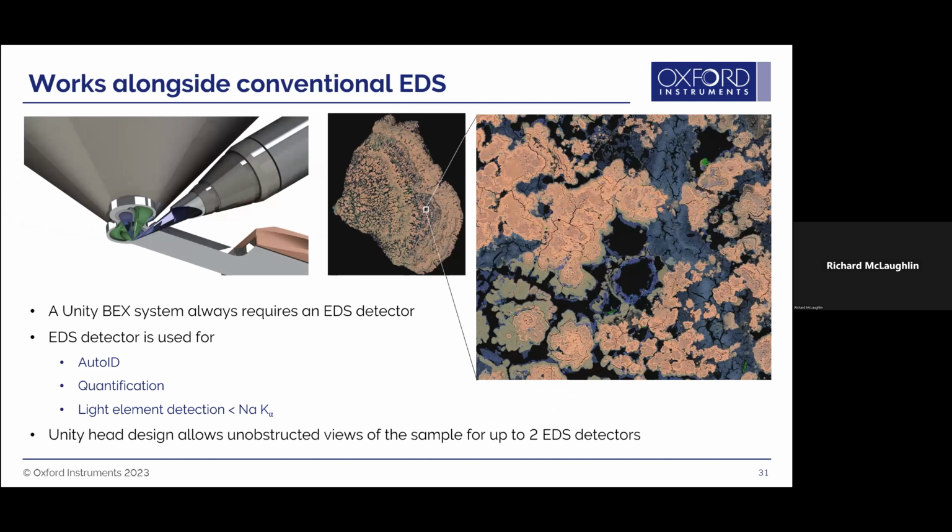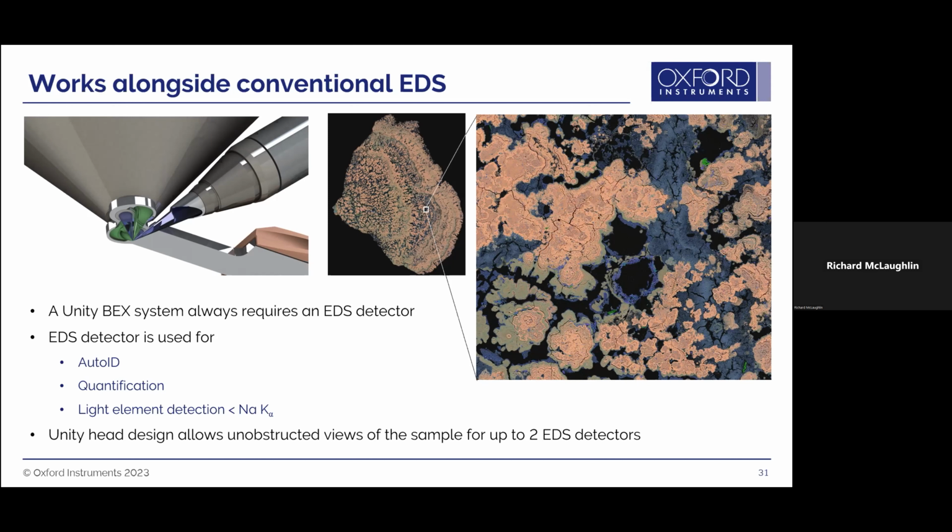Now, one key point is it works alongside a conventional EDS. You cannot purchase a BEX detector by itself. It requires a regular EDS, and the reason for that is a regular EDS is going to be used for the low energy end. You can imagine that because that head is so thin, there is no space to put in an electron trap like we have for a regular EDS detector.